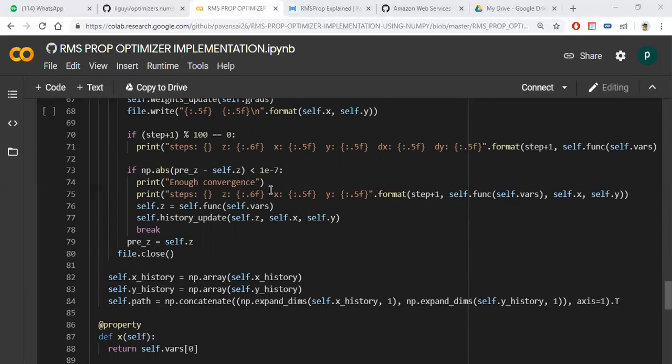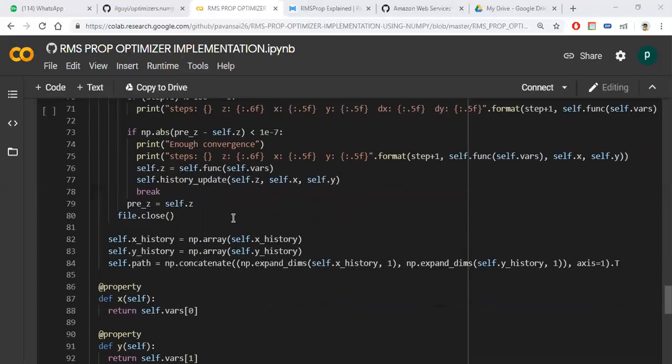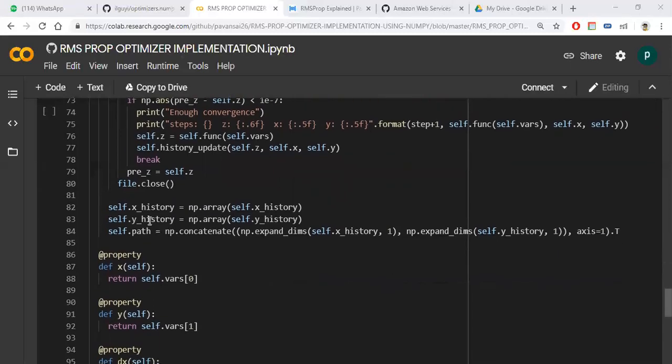So I print convergence, and I am printing the values for x, y, z, and the step at which convergence occurred, and I am storing the values. So I am closing and updating these values. I am storing these values in array format and concatenating all the x, y values.